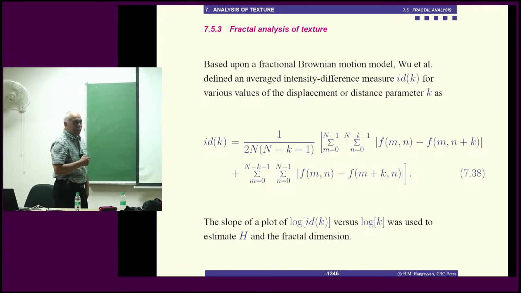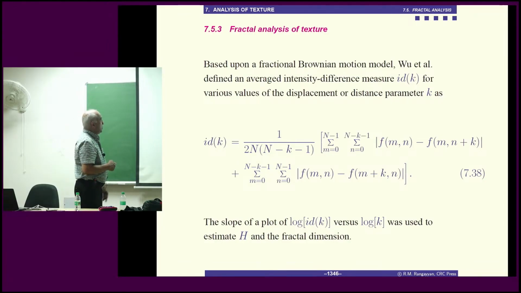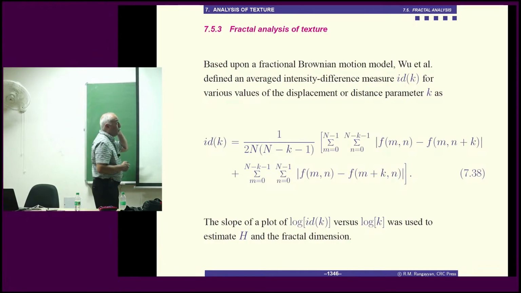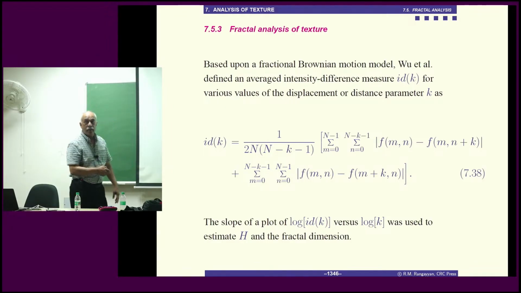So how do you analyze texture using this? Based upon the fractional Brownian motion model, this intensity difference ID of K was defined, where f of m,n is the image, f of m,n plus K, some displacement, and you sum over m and over n going up to N minus K plus 1, and similarly in the other dimension, m plus K, for K as an argument.